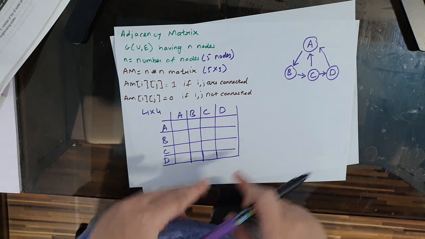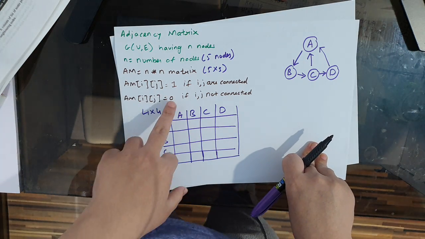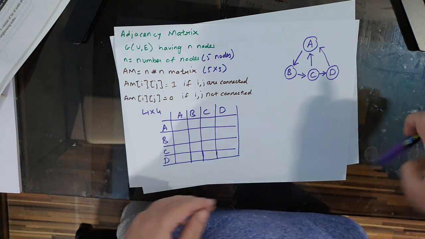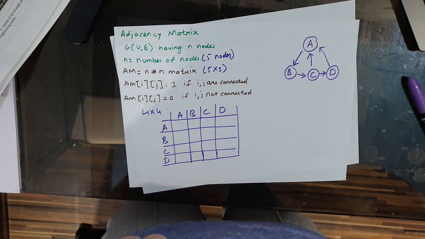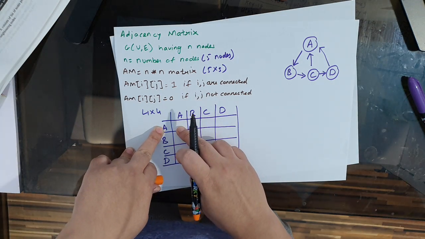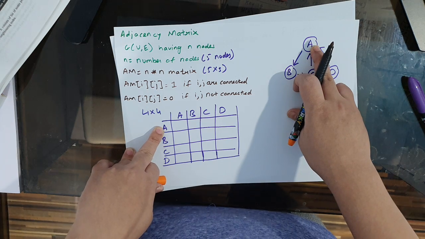Now we have to mention if the nodes are connected. If the nodes are connected, we are going to specify 1. If the nodes are not connected, we are going to specify 0. So let's see over here. A to A. Is it connected? No, there is no cyclic edge we see over here.